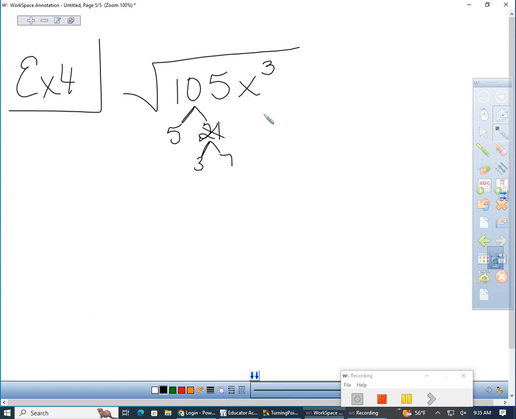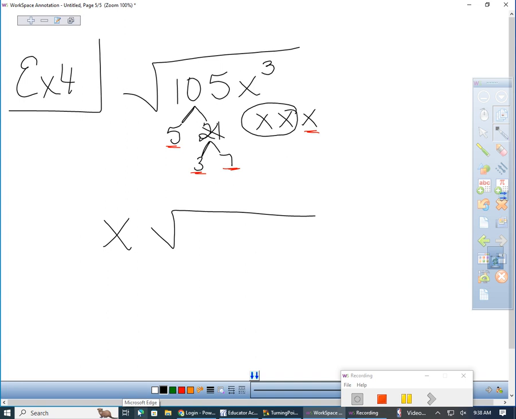X to the 3rd is 3 x's. All right, so I need, out of all that, do we have one set of friends? The x's. I have a group of x's that get to go out. Staying at home is a 5, a 3, a 7, and an x. So 5 times 3 times 7 goes back to 105, and I still have one x that multiplies on the inside.